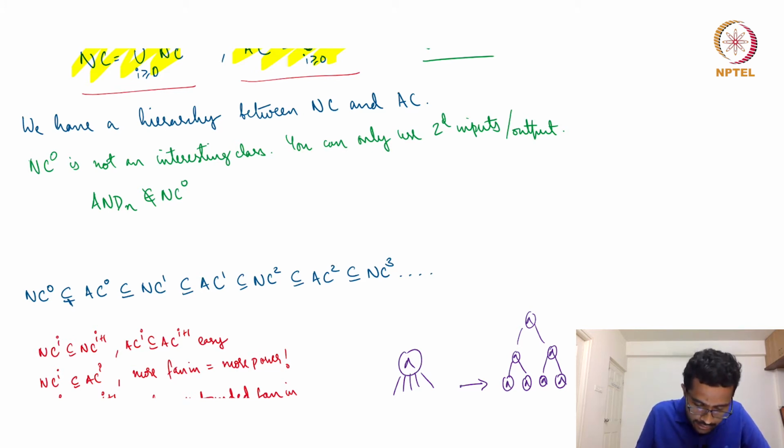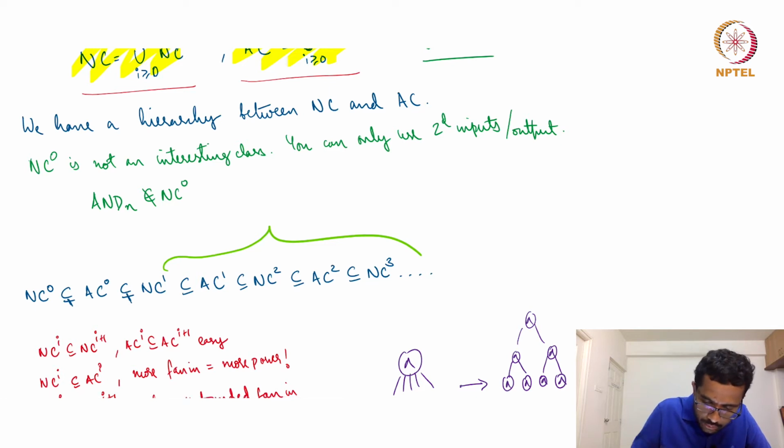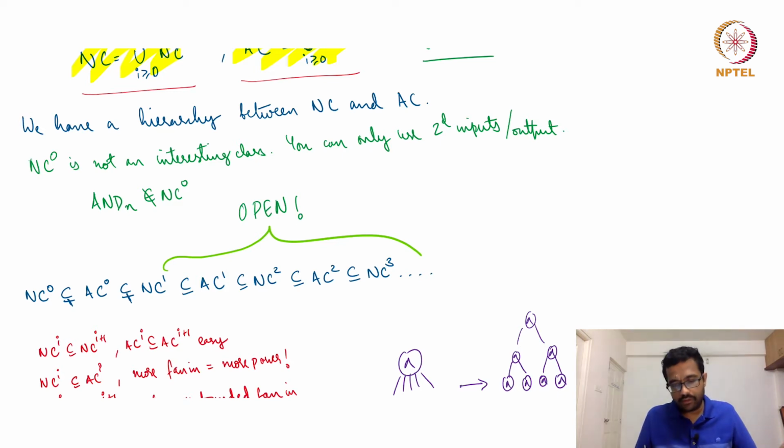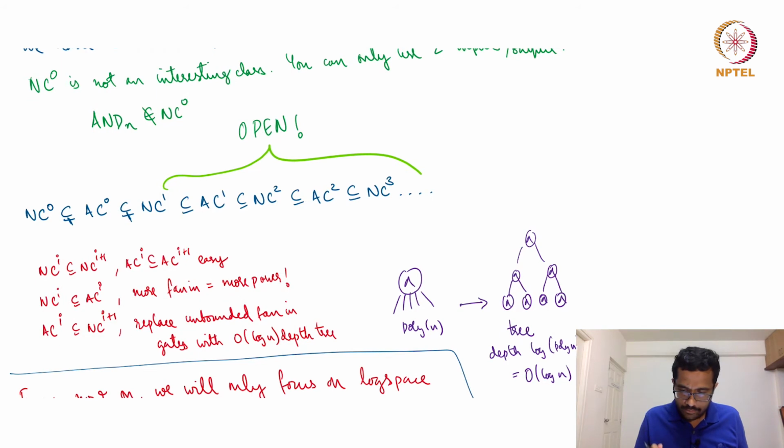We also know that AC0 is a proper subset of NC1 because there are languages which we will see soon, parity, for instance, which is in NC1 but not in AC0. And what is interesting is that all the rest of the inclusions are open. We don't know if the remaining inclusions are strict or proper, or whether there are two classes that are equal, right? So this is something I want to say.